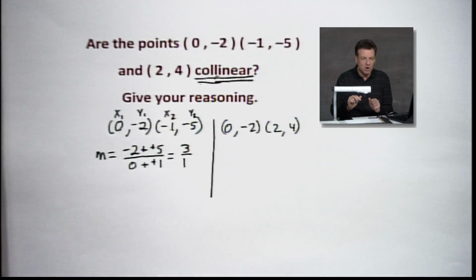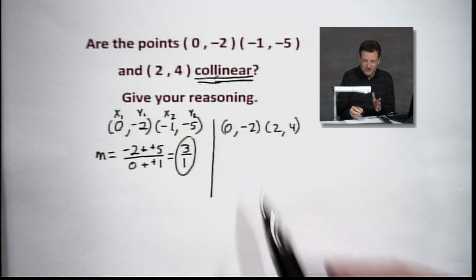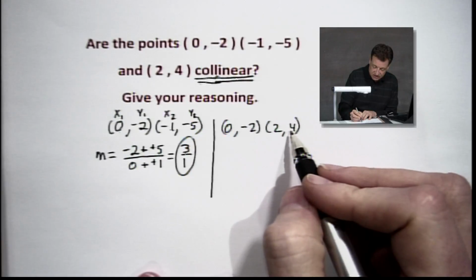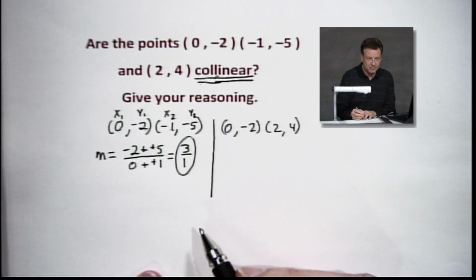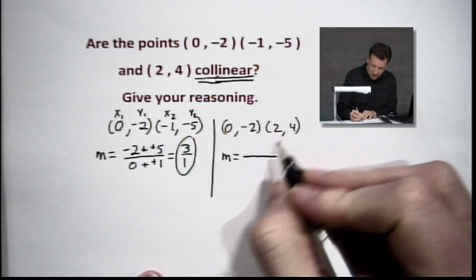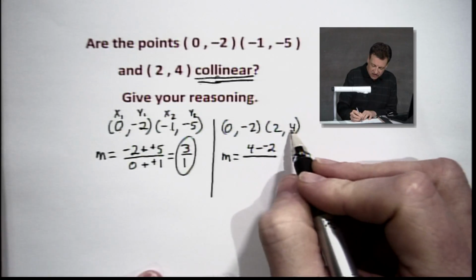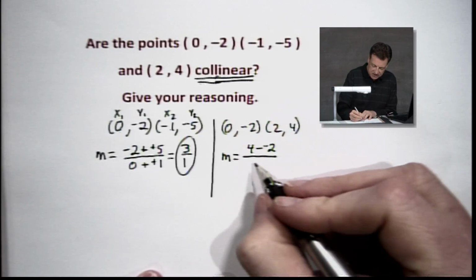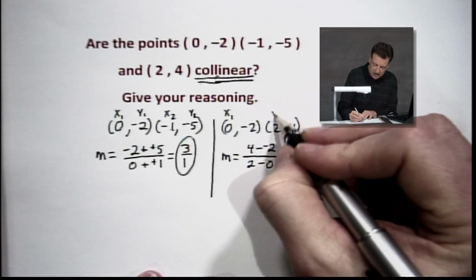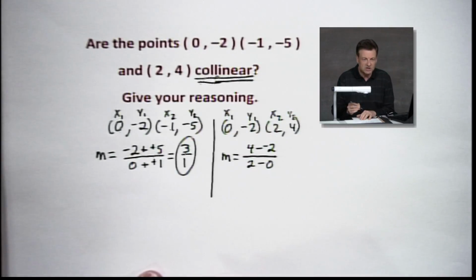Now that's the magic moment. That's what we're looking for. If we can keep that 3, or 3 over 1, on all of these fractions, we are good. So let's do it now. Let's go to our second set of points, finding our slope, which we use the letter m for, and we're going to take 4 minus a -2, and underneath that 2 minus 0. You say, well, Ernie, you just changed the direction. That's all right. As long as you keep going in the same order once you set up your ratio, you're good.